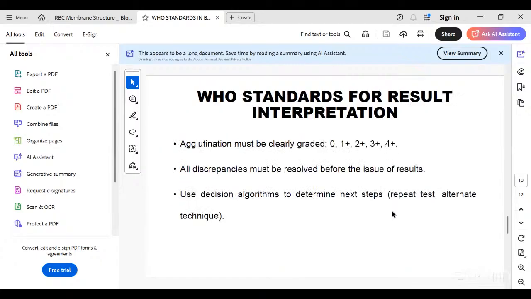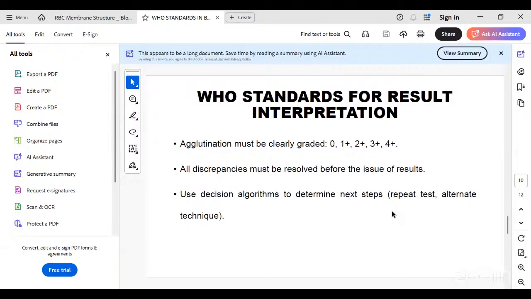Now, how to interpret according to WHO standard. For instance, in my facility, even until recently, we used to put dash, dash, dash, dash where there's no agglutination. But according to WHO, this is how we grade. If there is no reaction, it's 0. If the reaction is not that visible, 1.